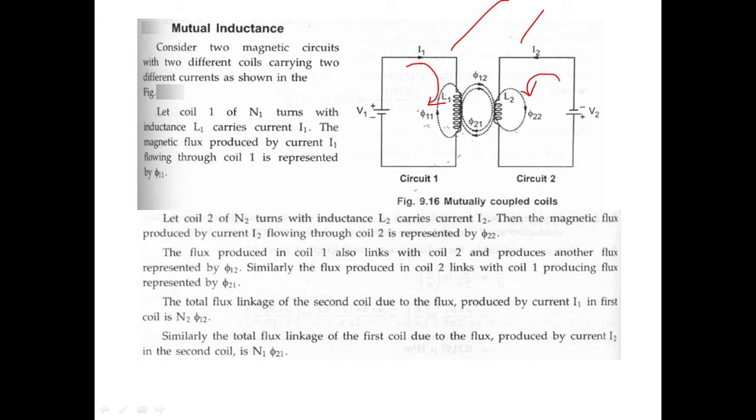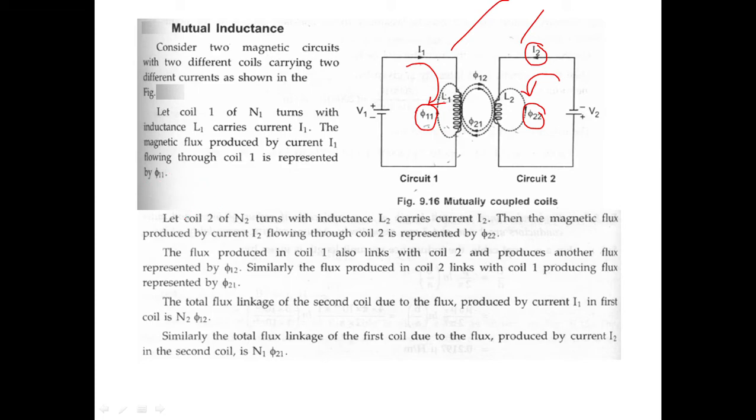Let the flux phi11 be the flux produced due to the current I1. Let the flux phi22 be the flux produced due to the current I2, right? Let the coil 1 of N1 turns with the inductance L1 carry the current I1. The magnetic flux produced by the current I1 through coil 1 is represented by phi11, right?